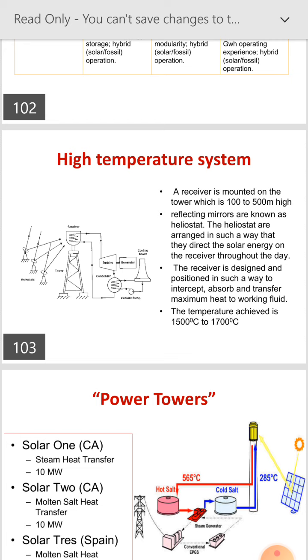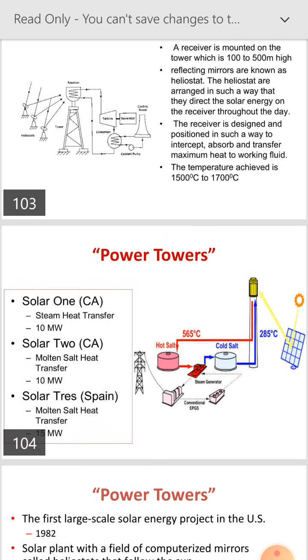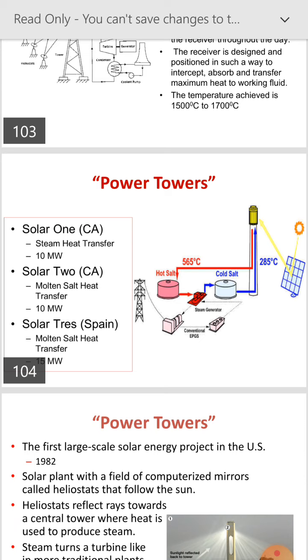The temperature achieved is 1500 to 1700 degrees. Power tower: Solar One, steam heat transfer, 10 megawatt; Solar Two, molten salt heat transfer, 10 megawatt; Solar Tres, molten salt heat transfer, 15 megawatt.